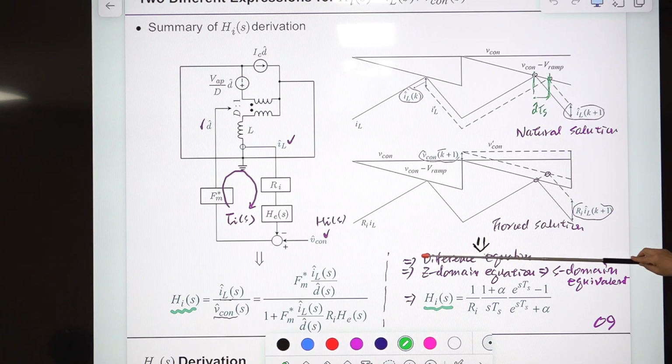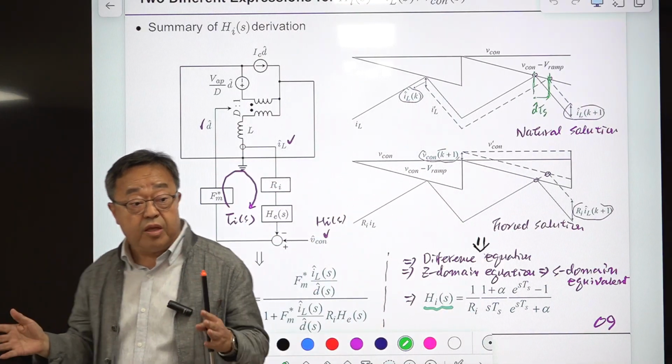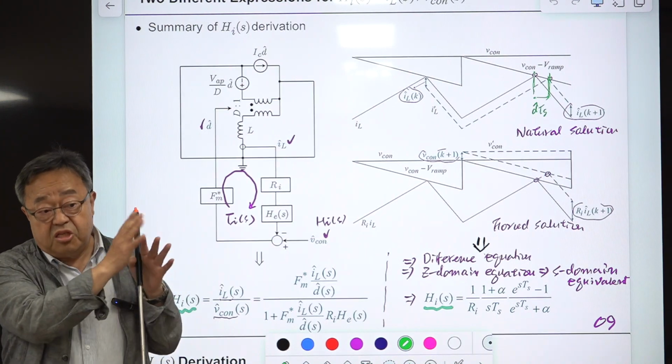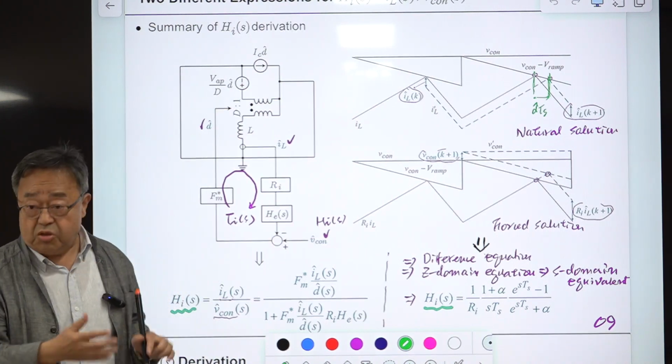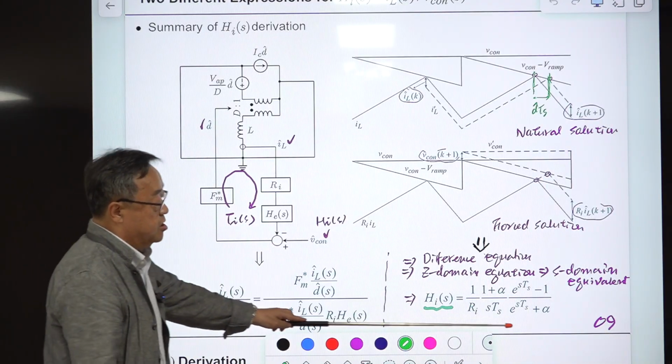Then this difference equation is transformed to the Z-domain equation, and the Z-domain equation is transformed to S-domain equivalent. The transformation from the Z-domain to S-domain is well known, and there is a formula, sampling and zero order holder. This is the formula, so we use that, and the result of that is this.